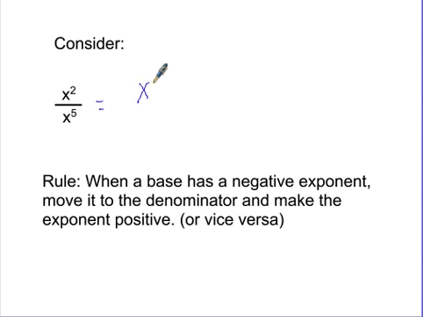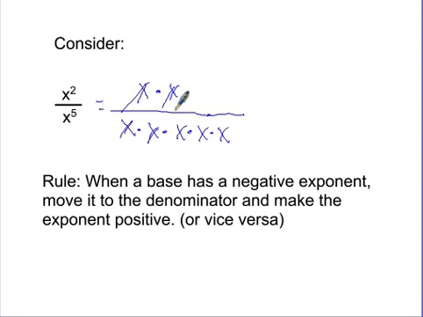This would be x times x over x times x times x times x times x, right? So this would cancel, and so we would get 1 over x to the 3rd.